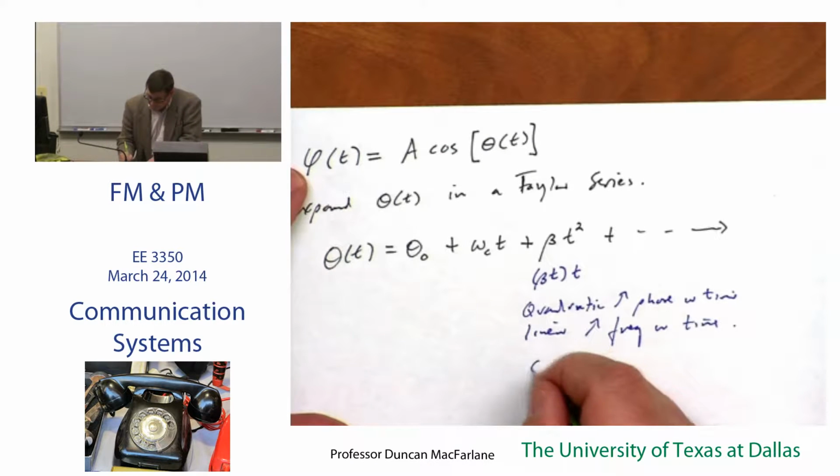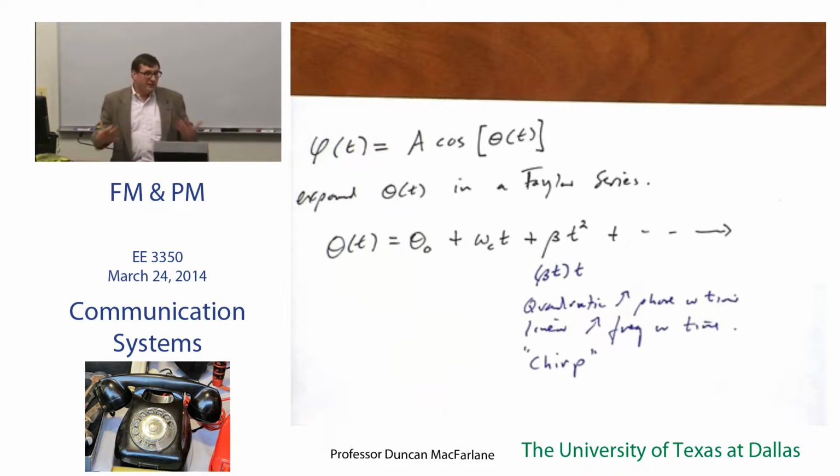This particular term is called a chirp. And I say that just to let you know that it is a very important signal. The tone might start out at a particular frequency and then increase in frequency, a linear increase in frequency, like the chirp of a train coming at you that's been Doppler shifted, as it rushes by you.